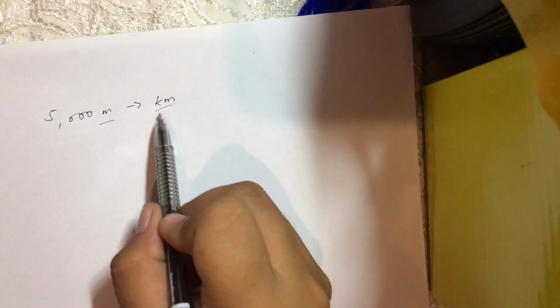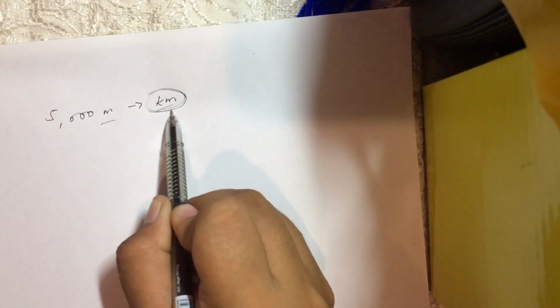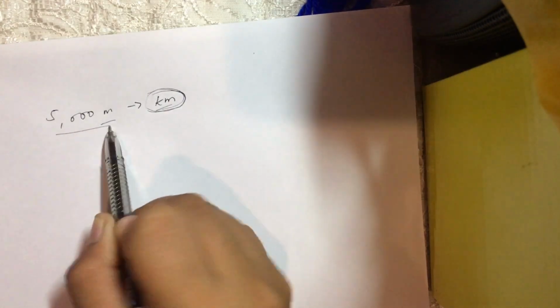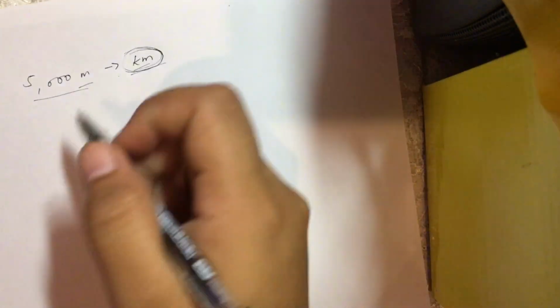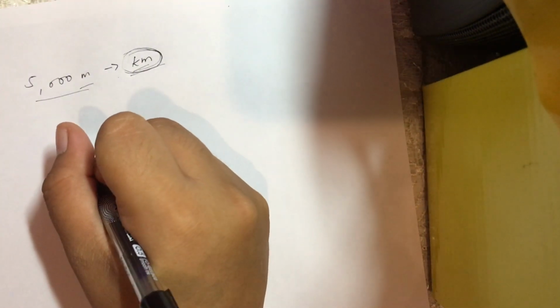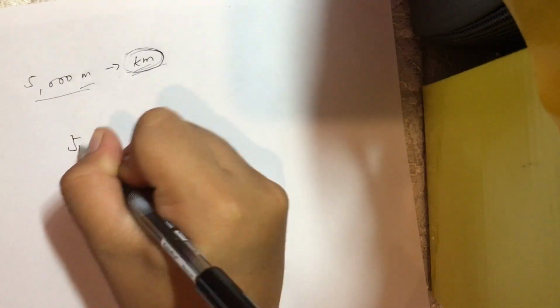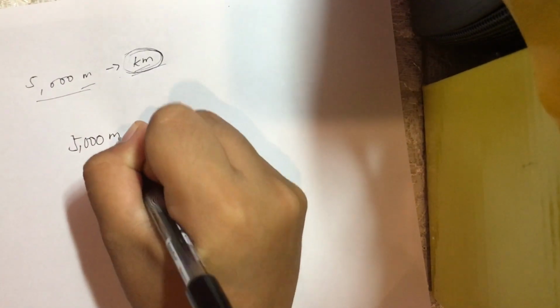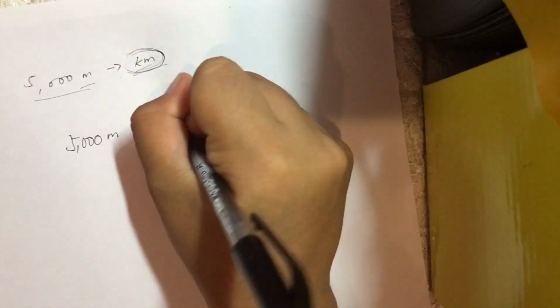So you have to get the equivalent of the kilometer, the conversion of 5,000 to kilometer. Then next is you have to set up the conversion equation. So you arrange it: 5,000 meters times 1 kilometer.